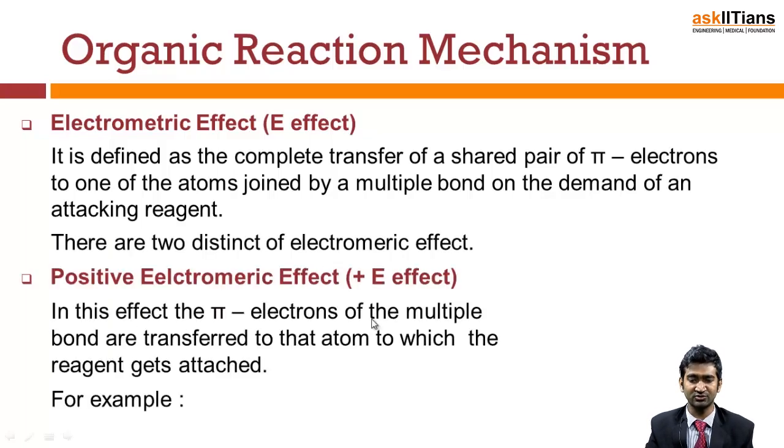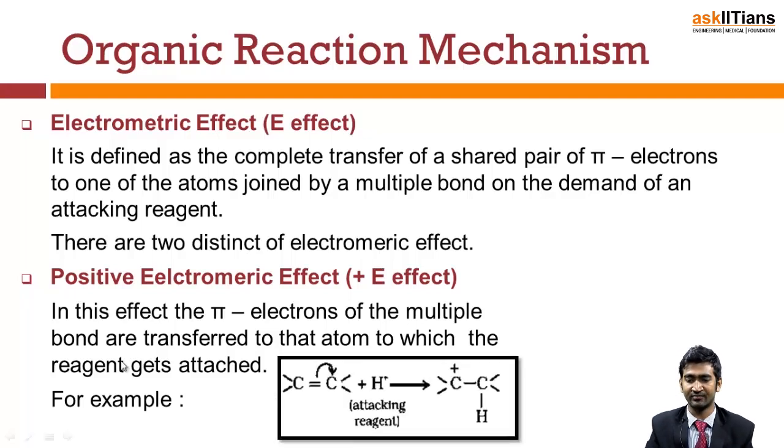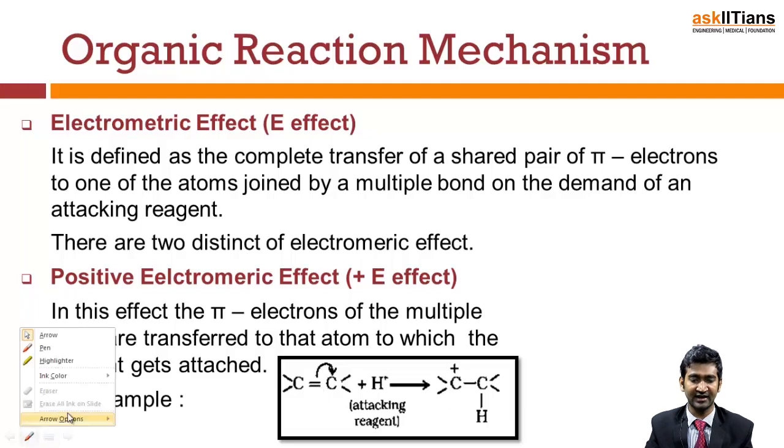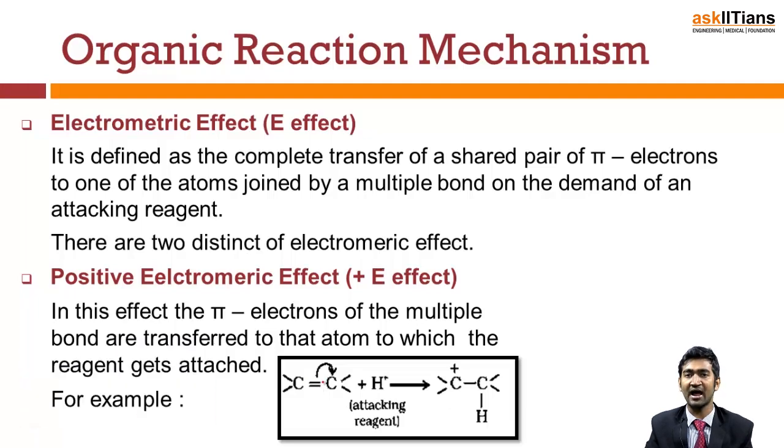So in this effect, the pi electrons of the multiple bonds are transferred to that atom to which the reagent gets attached. Now if those electrons are going to that atom to which my reagent will also attach, then I will say that it is my plus E. If the electrons are transferred to those atoms to which my attacking reagent will not attach, that will be my minus E. Here you can see that H plus is the attacking reagent, and when it came, this pi bond electron got transferred to this carbon atom, forming the carbocation here and carbanion here, right, and H plus is attacking this.